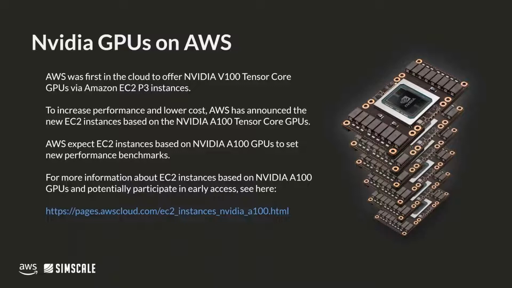Our use of these instances has allowed us to push forward with this process, achieving accurate results much faster than before. New instances utilizing A100 GPUs are expected to set new benchmarking records and extend beyond the capability of parallelized CFD into aspects of AI. More information about the A100 GPUs on AWS can be found in the link provided.